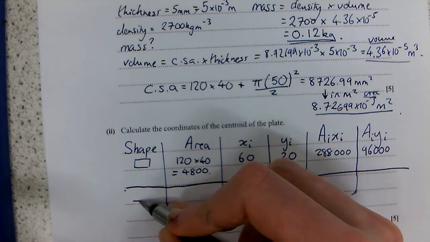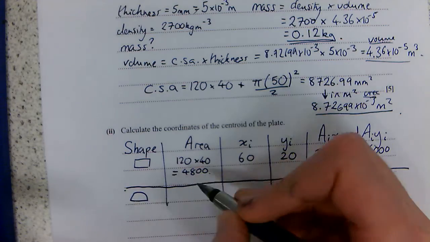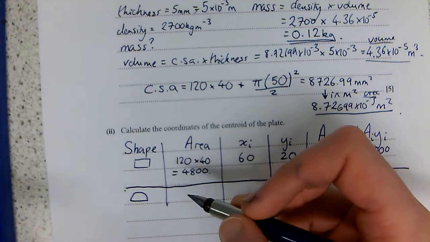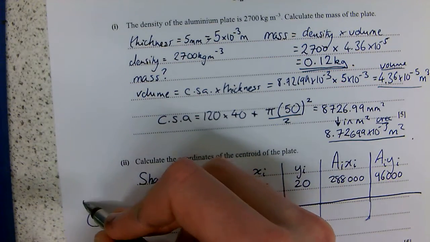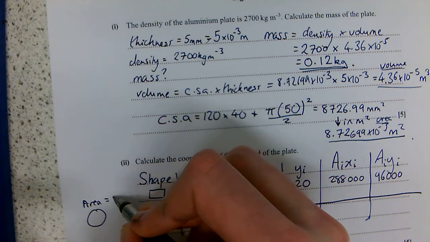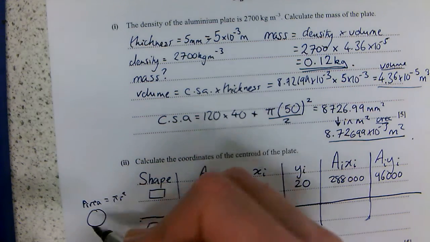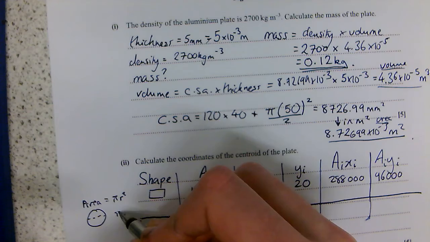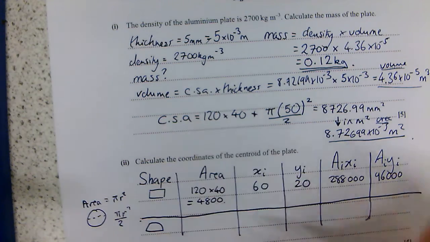We're doing our second shape, which is the semicircle. We find the area of our semicircle. So the area of one circle is pi r squared. So the area of half a circle is pi r squared over 2.